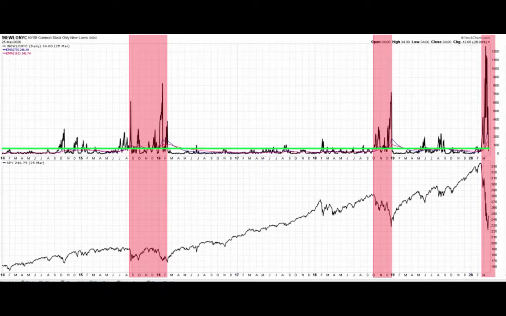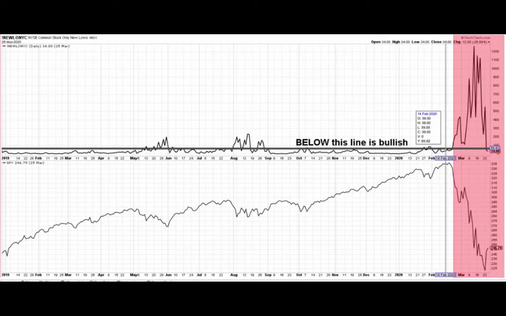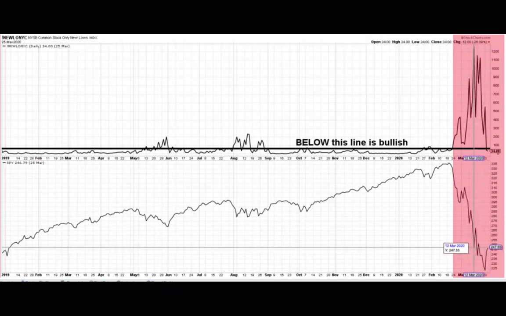So let's zoom in on this. Again, this is new lows. Now this one has dipped below, which makes sense, because it means fewer stocks are making new lows. That means there's been some sort of stabilizing. And this one's been a little bit of a divergence because if you look up here at the actual indicator, it peaked on March 12th. March 12th is right there, but then the market continued falling.